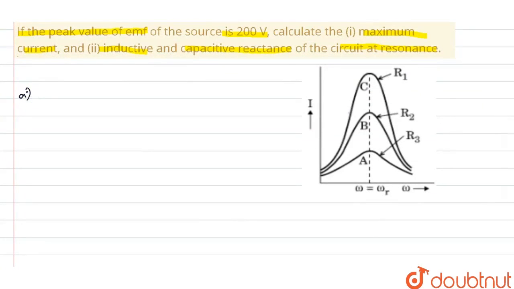Now, the circuit would be said to have high sharpness if the current in the circuit drops rapidly as the frequency of the applied AC source shifts from its resonant value.